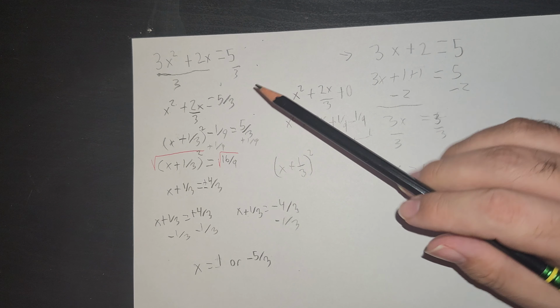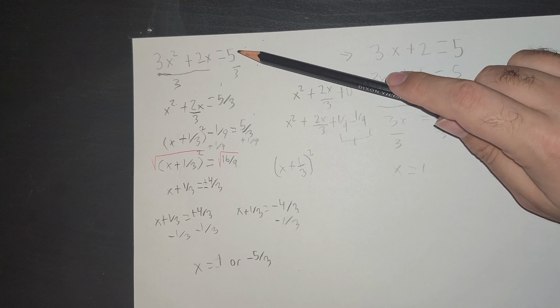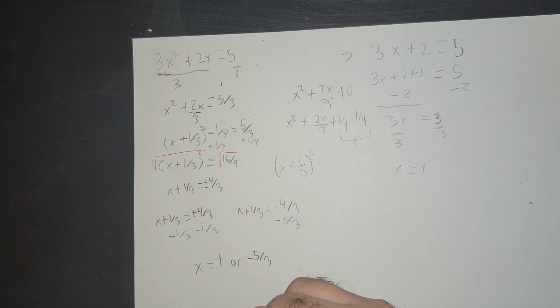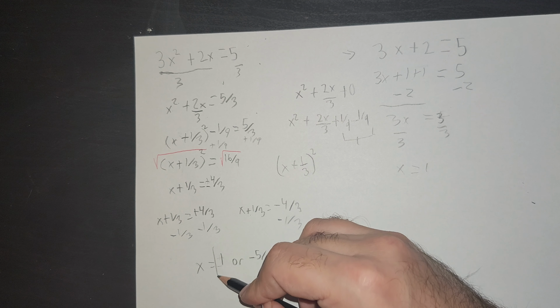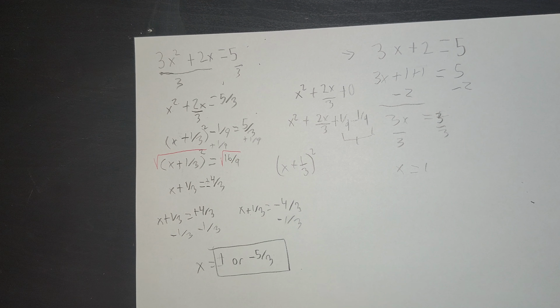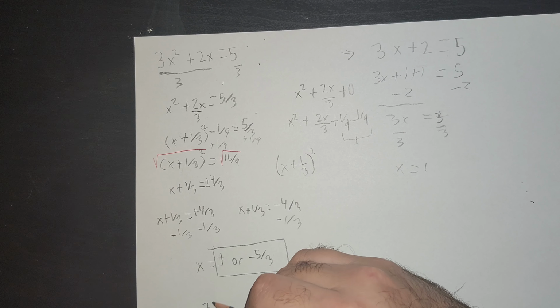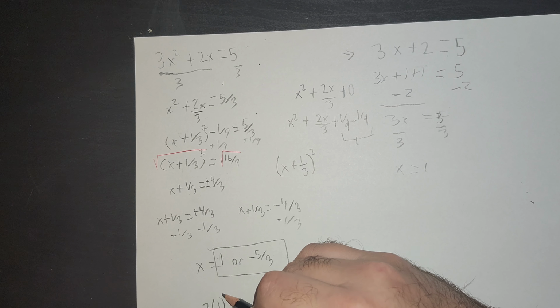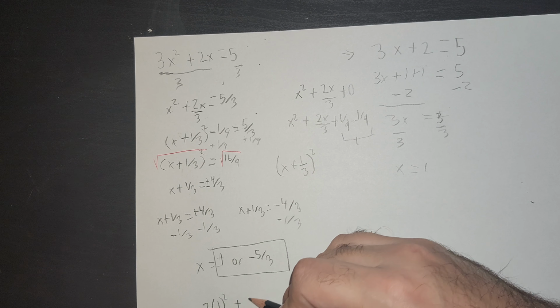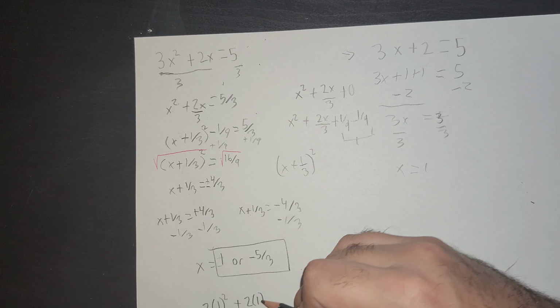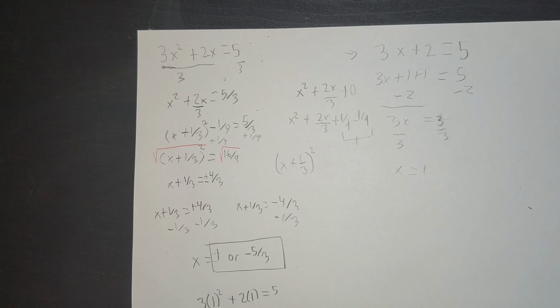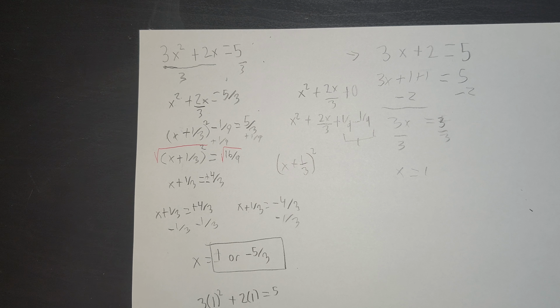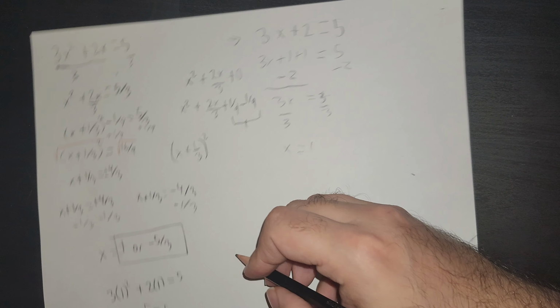And then from here we would just go ahead and plug this back into the original equation. So just to verify the answer, this is the answer, but just to remove any doubt, we have this, which is obviously correct because that equals 5 and 5 does equal 5.